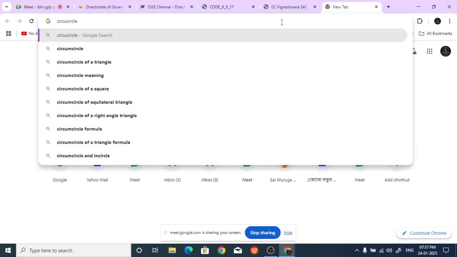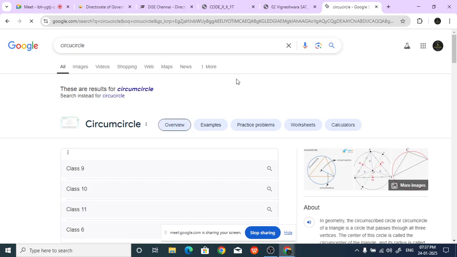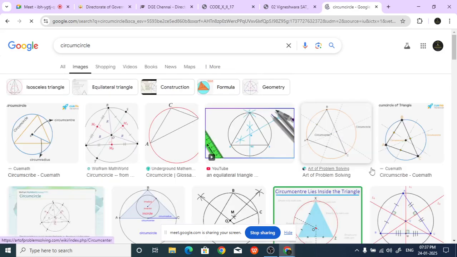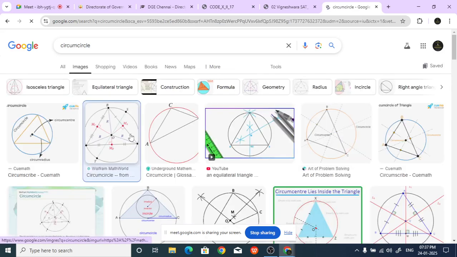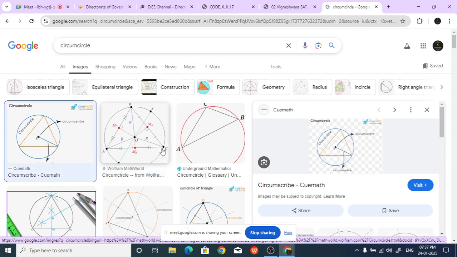What does this mean? Circumcircle means this. See, there's one circle, and one triangle is there inside the circle, or in other words, there is one triangle, and touching all the three vertices of the triangle, there is one circle. That is called the circumcircle.